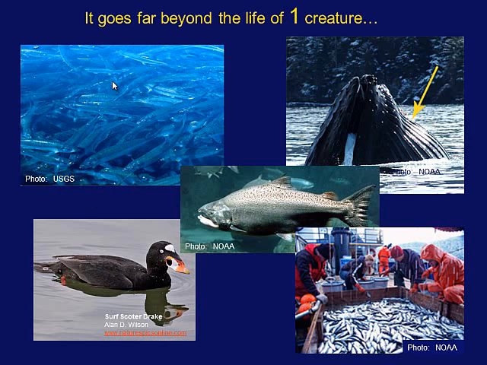And then the other thing to keep in mind is that this is all tied together. It's not just one species or one habitat that you're looking at. A multitude of other things rely upon that. What I have up here is an example of a herring. Here's the school of herring. If the areas that the herring spawn at get oiled, that can have impacts far beyond the population of the herring species. They're forage fish that a lot of other species, including threatened and endangered species, rely upon.